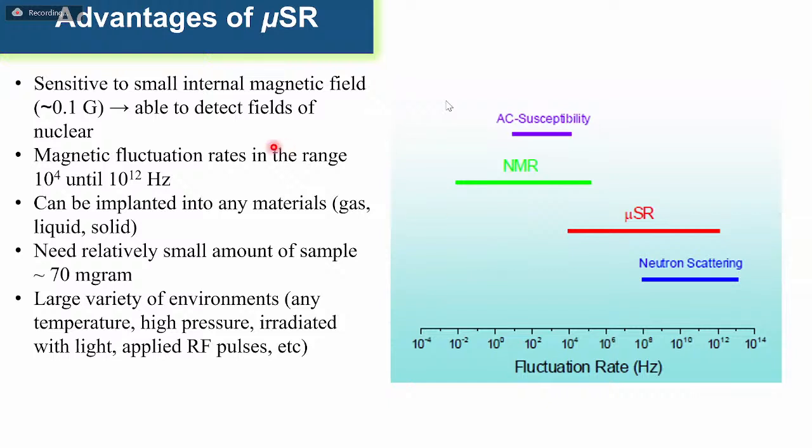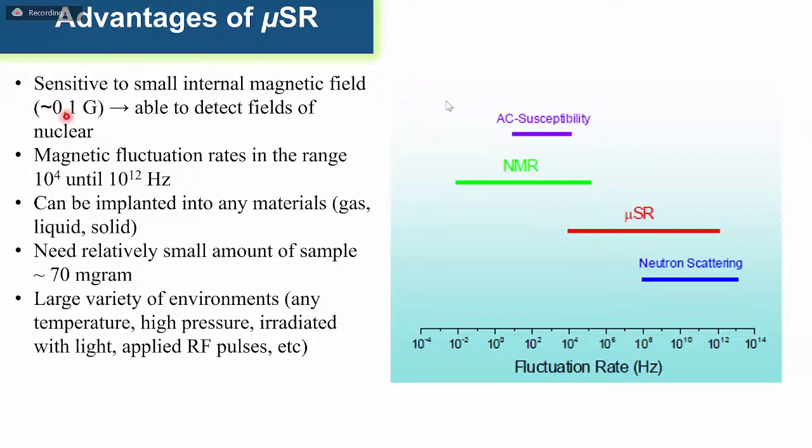So to summarize my talk, this is the advantage of μSR, which can complement neutron or XRD synchrotron, because the muon is a sensitive probe to detect small internal magnetic fields.